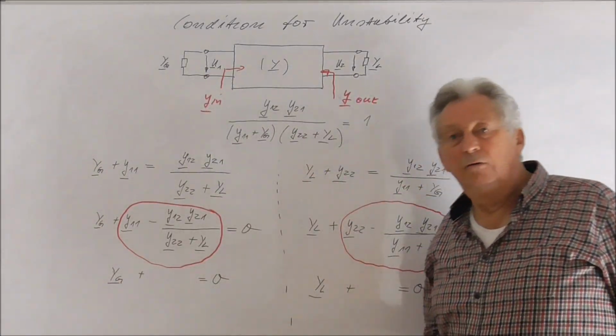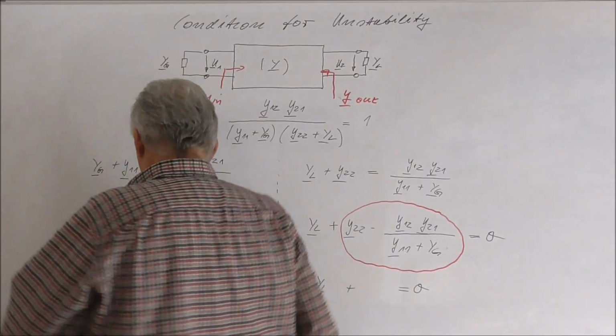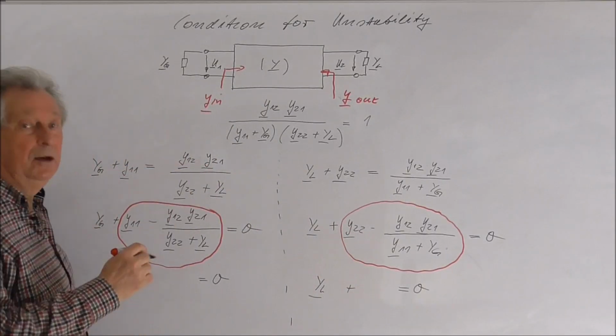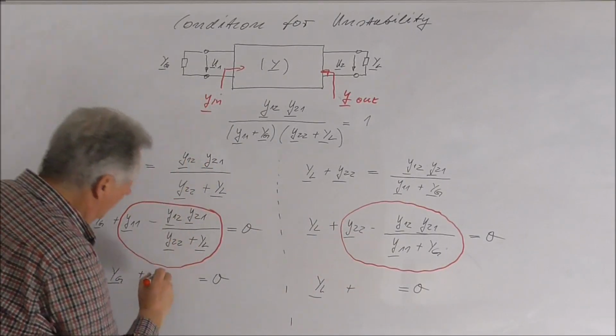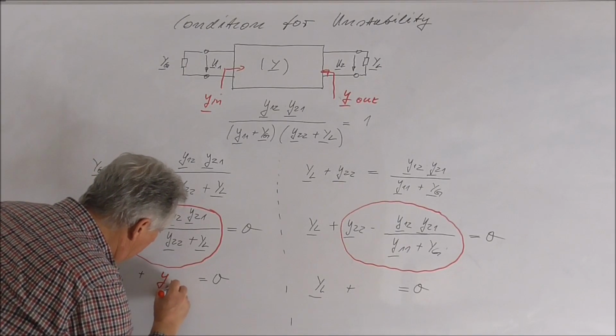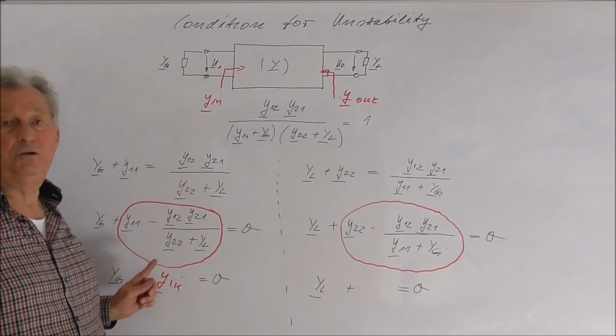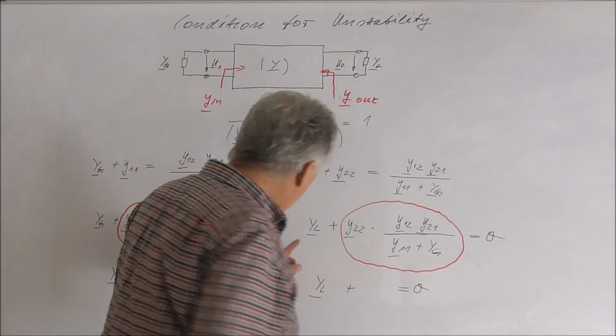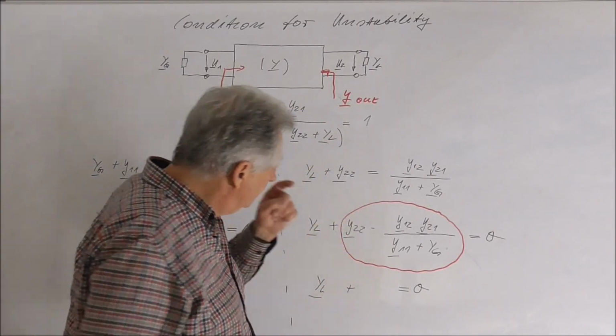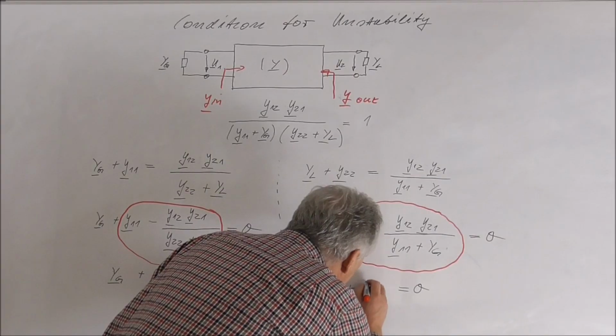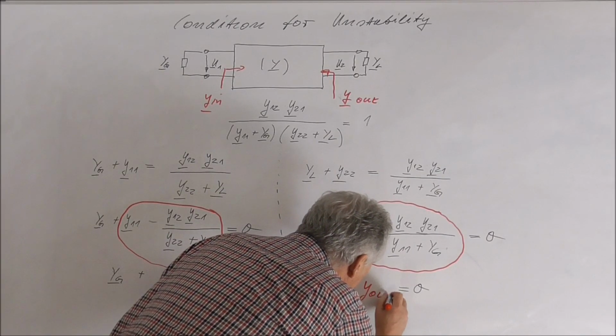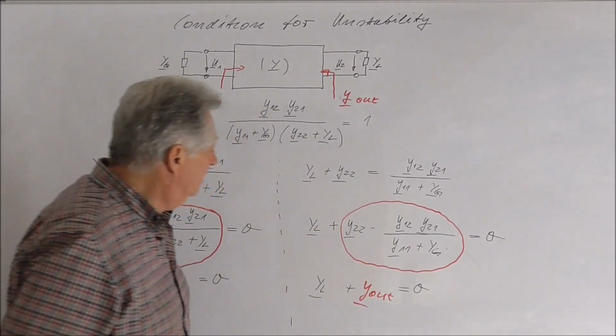So we can write now that the generator admittance plus the input admittance must be 0. Or we can write that the load admittance plus the output admittance must be 0.